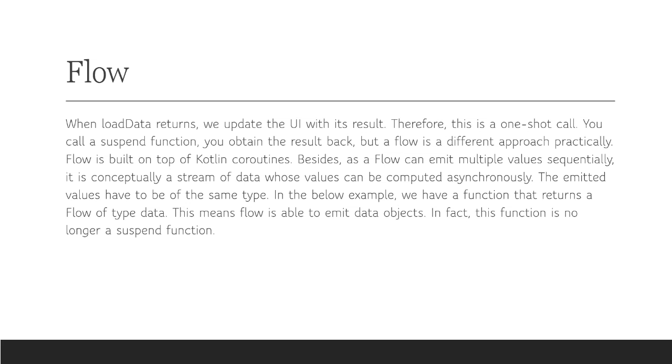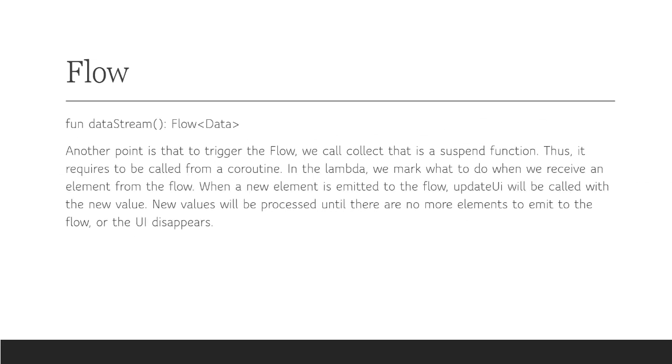That is the most important line. The emitted values have to be of the same type. In the examples below, we have a function that returns a flow of a data type, meaning the flow is able to emit data objects. And for the data stream, another point is that to trigger the flow we call the collect suspend function.